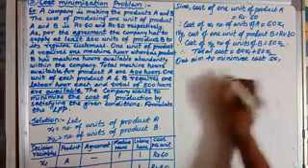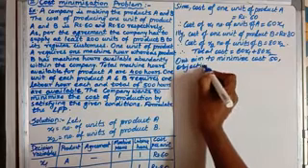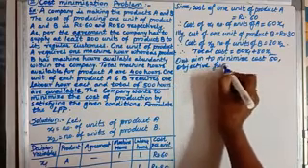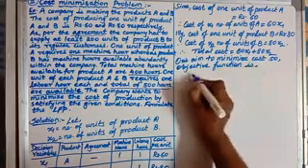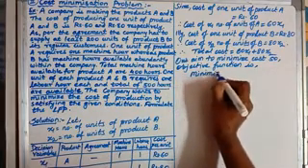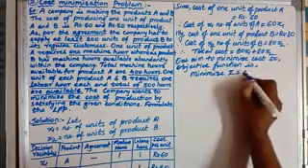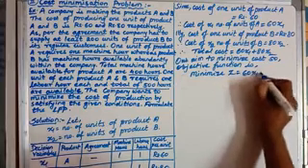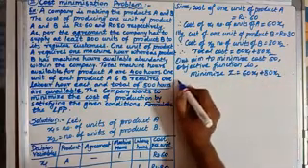So the objective function is minimize z equal to 60x1 plus 80x2.